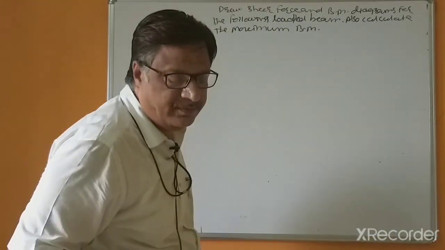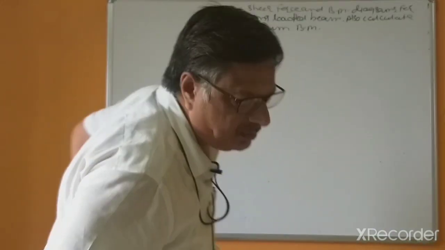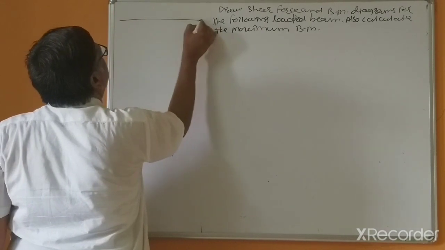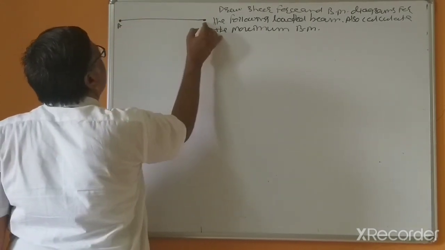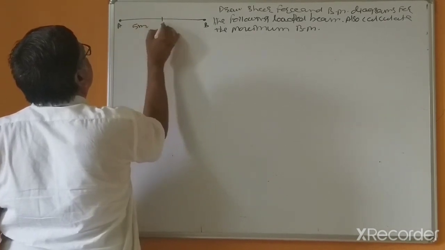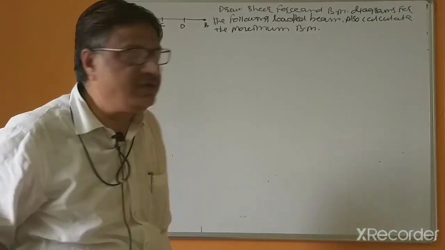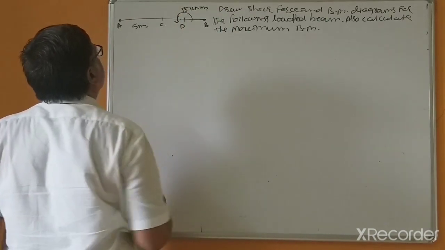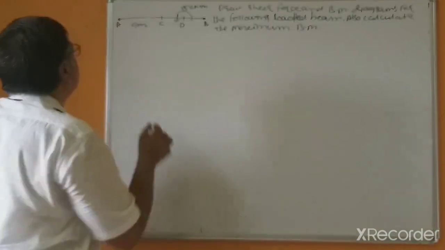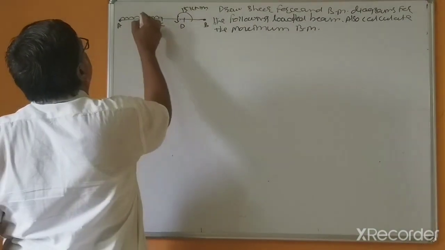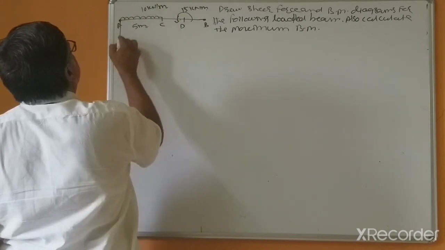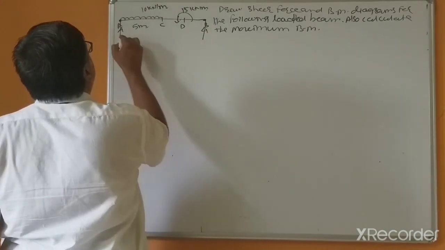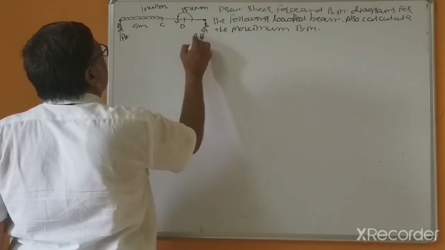So in this problem, there is a couple acting on the beam AB, with points A, B, C, D. At D point there is 15 kilonewton meter, and this couple is anti-clockwise, and the remaining load is a UDL of 10 kilonewton per meter, and reactions are given at A and at B support, RB.